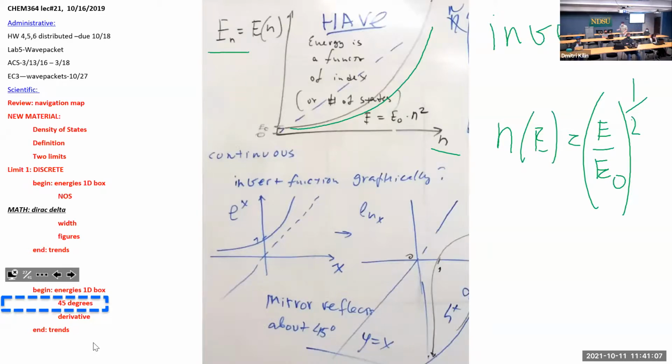So how do we invert a function if you swap argument and function? The square root of energy over E naught. Yes. So if the direct function is a square, the inverse will be a square root. Thank you. If the function is more complicated and I do not know the functional form, how would I invert a function?